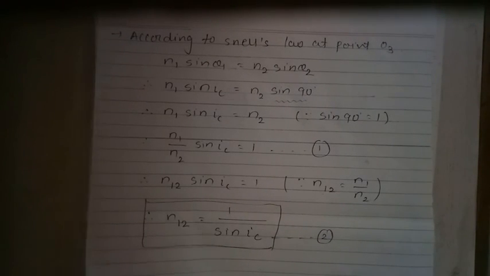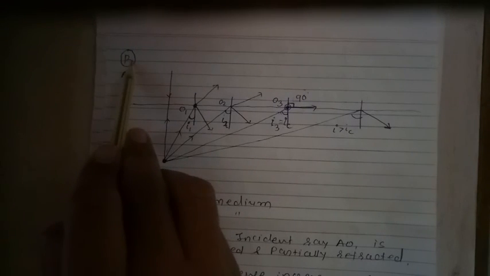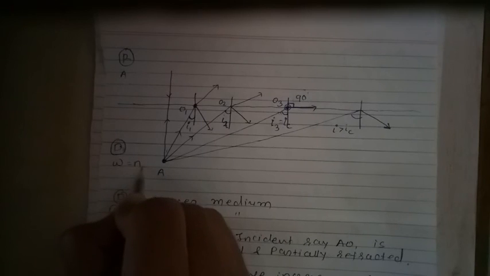Here from the figure you can see that our first medium is denser and the second medium is rarer. Here the denser medium is water, with refractive index n1, and the rarer medium is air, with refractive index n2. We know the refractive index of air is 1.